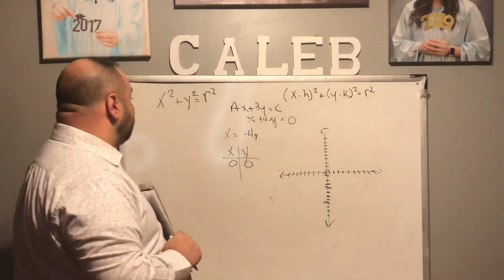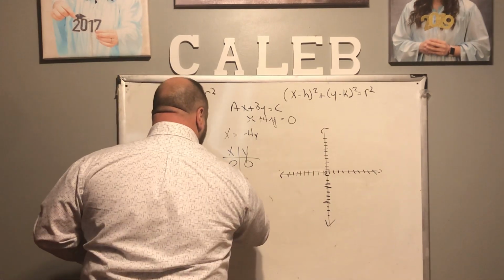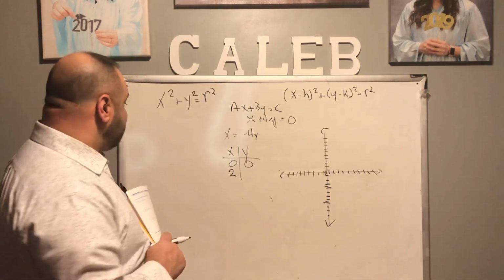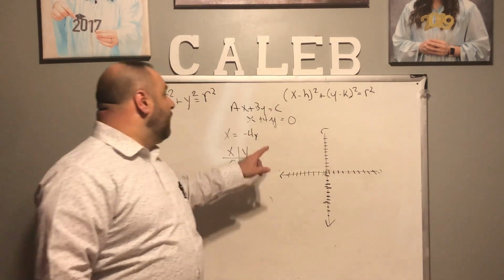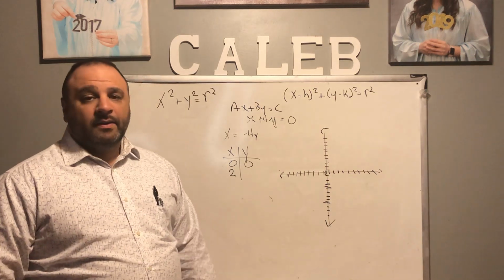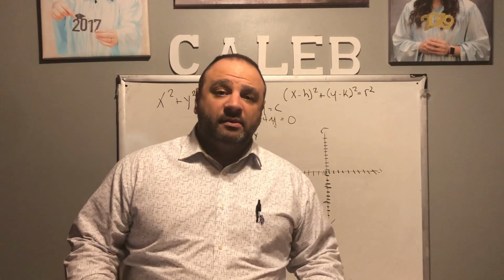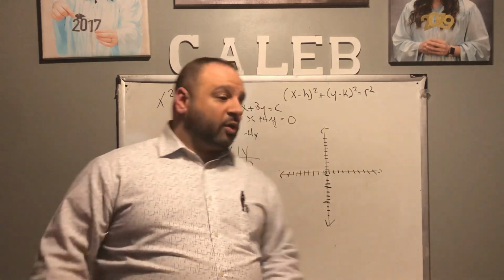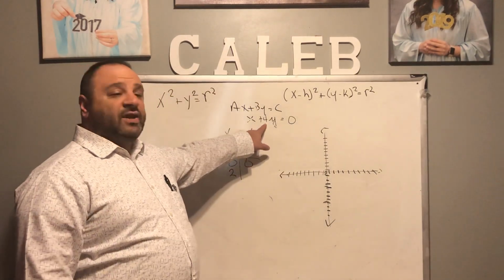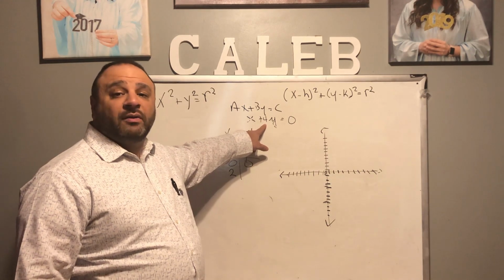Okay, we'll start there. Now, how about if we go x is 2? So 2 plus 4 times what will give me 0? Basically, 2 minus 2 would give me 0, class. So how do I turn 4 into 2? Multiply it by 1/2.